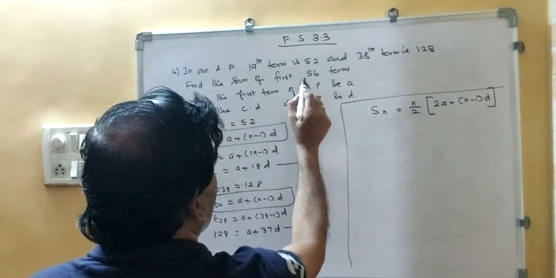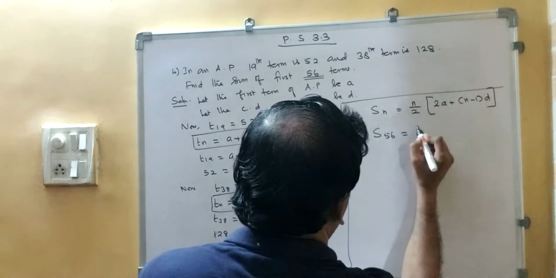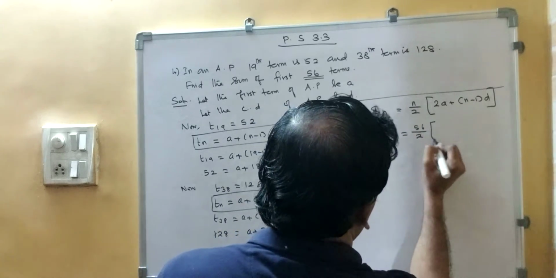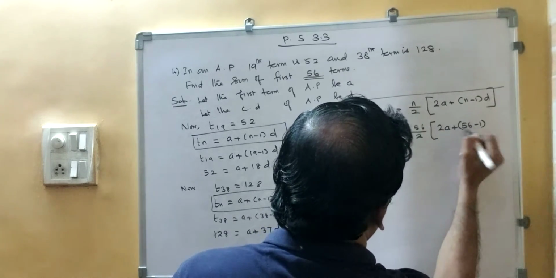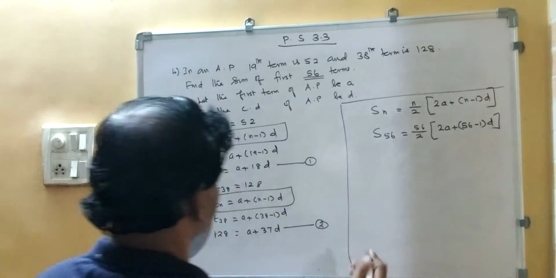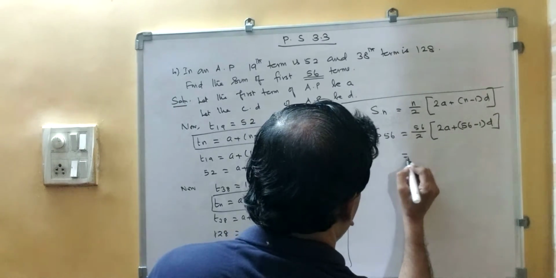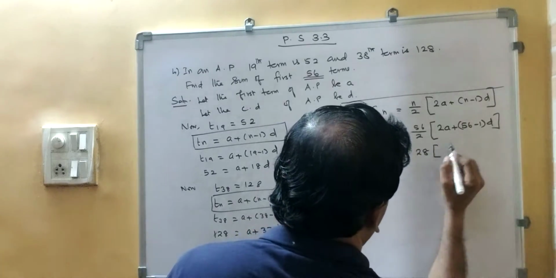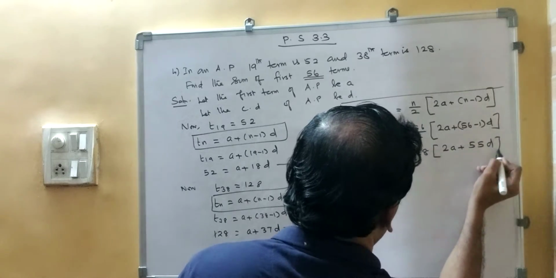Now, what is n here? 56. Yes, 56 upon 2 into (2a plus (56 minus 1) into d). So it is equal to 56 upon 2, 28, into (2a plus 55d).